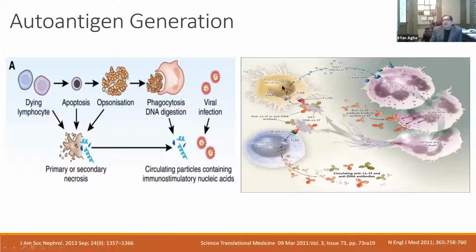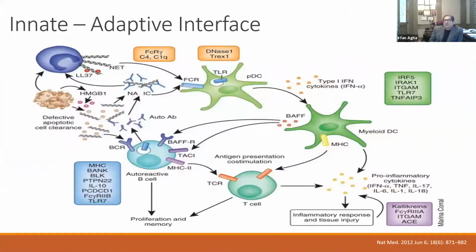And then that leads to a multiplicity of reactions by the plasmacytoid dendritic cell, including release of high amounts of type 1 interferon, which leads to further inflammatory cell recruitment, and also starts talking to the adaptive immune system.